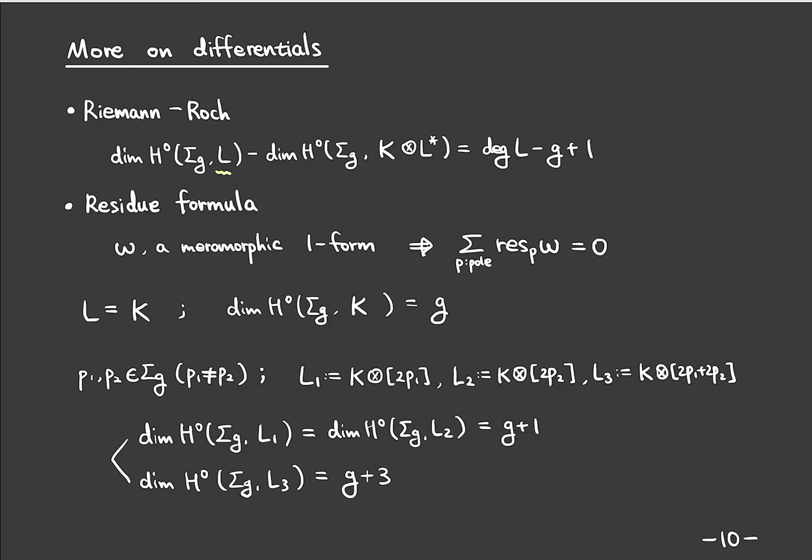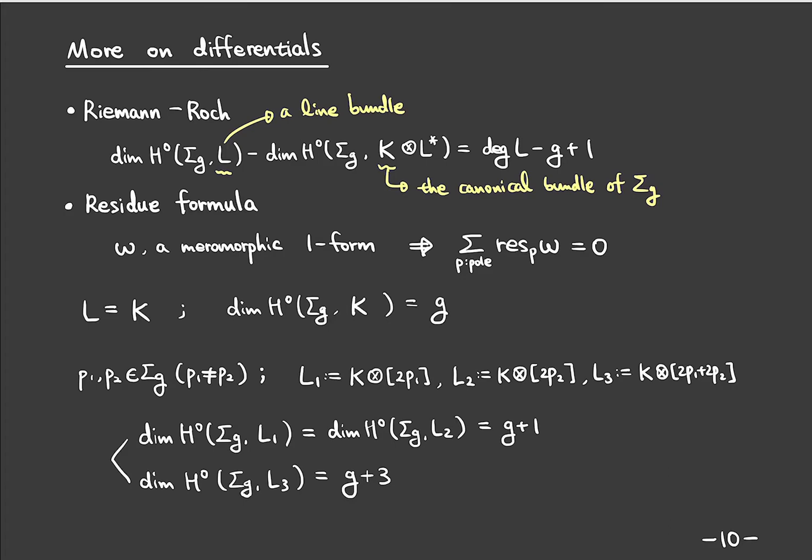Here L is a line bundle and here K denotes the canonical bundle of sigma. And here G is the genus.